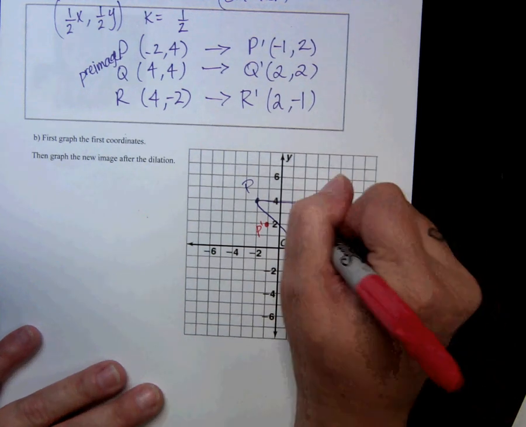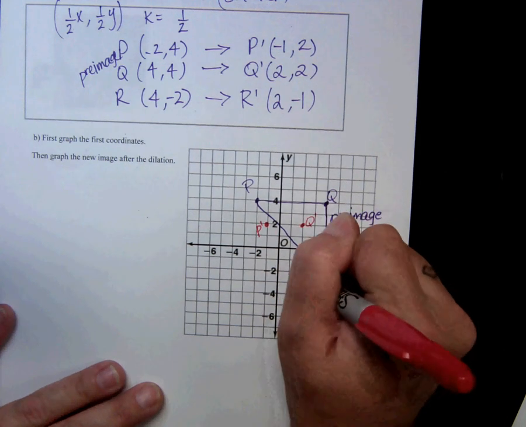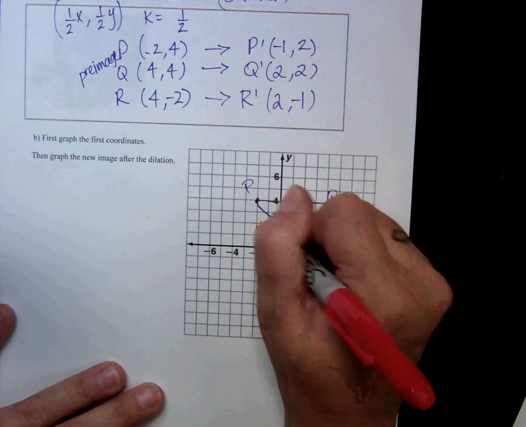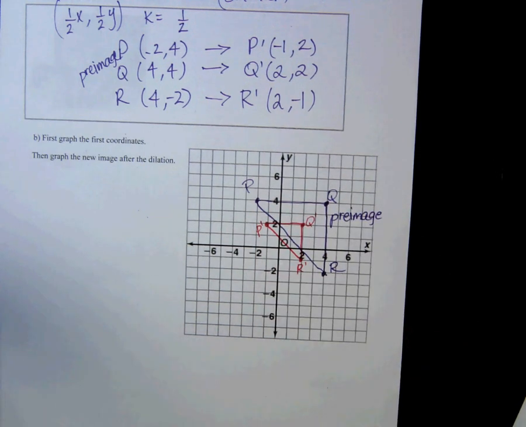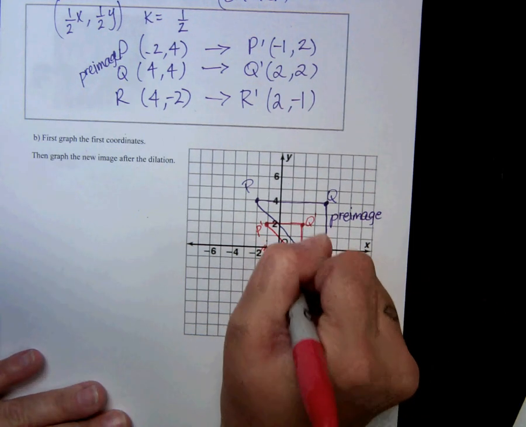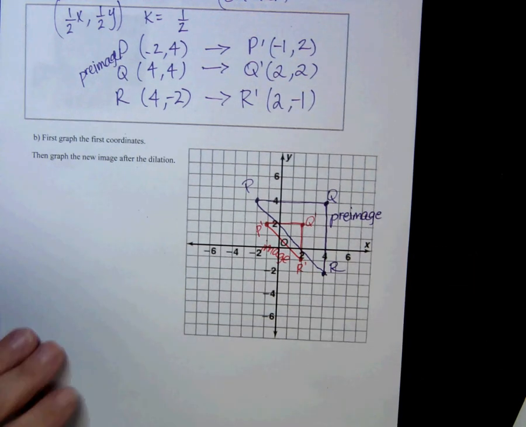Our Q prime is 2, 2, and the R prime would be 2, negative 1. Okay, here's what our shape would be with a scale factor of 1/2. This is our image. It's our second one. So you can see we reduced our first shape by 1/2.